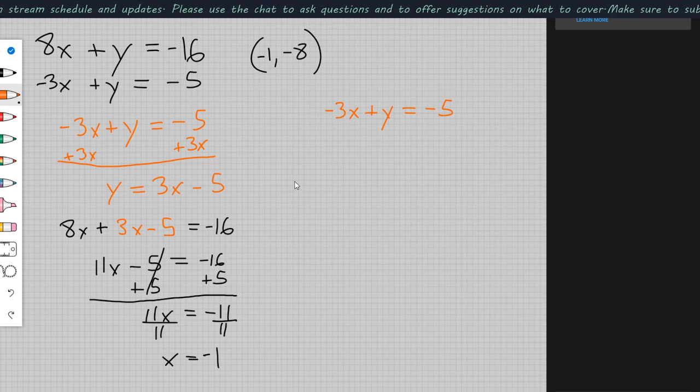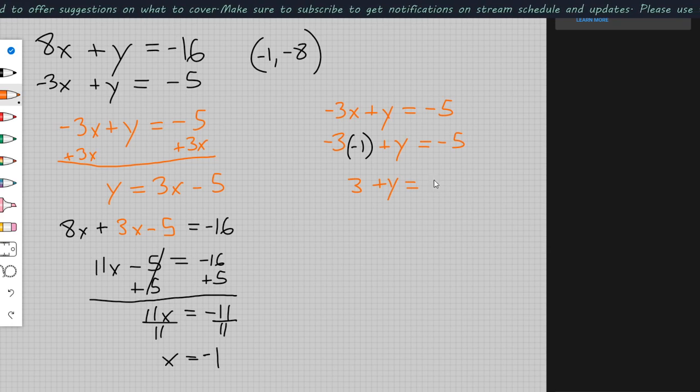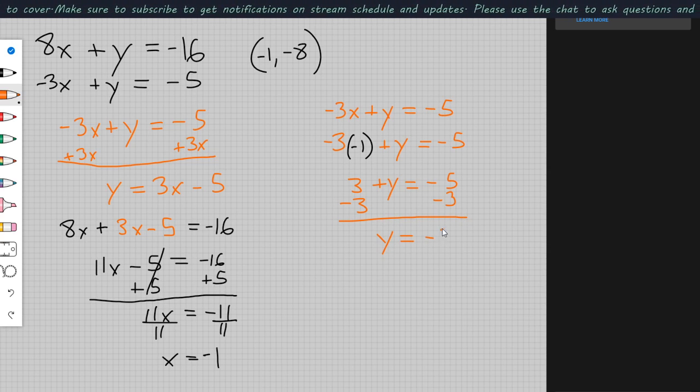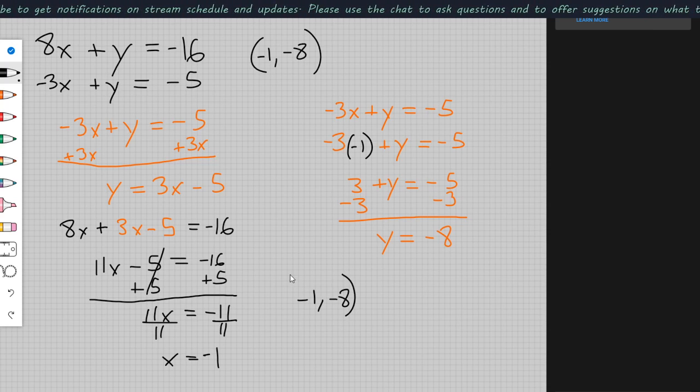And then anytime that I see an x, I'll put in the negative 1. So negative 3 times negative 1 is going to be positive 3. So then I'm going to subtract 3 on both sides. And I get y equals negative 8. So our final solution is negative 1, negative 8. And does that match up? It sure does. So we are good to go.